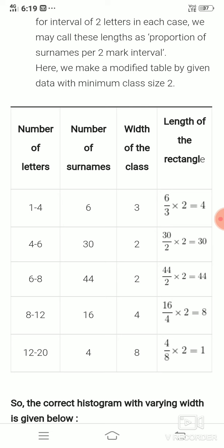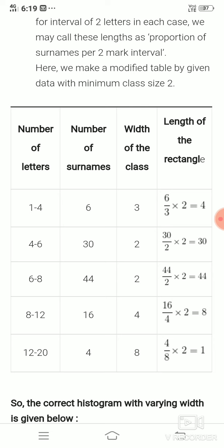So what happened? 1 by 3 into 6. Next 1 by 2. Here we need to use the given width at least, for 4 to 6, 6 to 8 given. So just use this. Don't use 1 width, because if you use 1 width, what happens? 1 by 3 into 6, no problem.